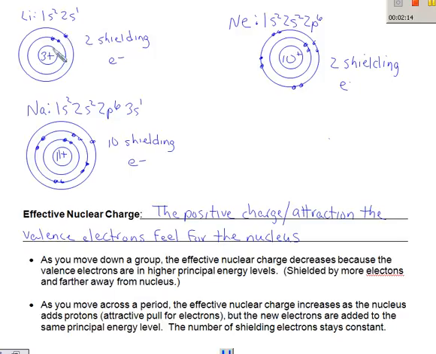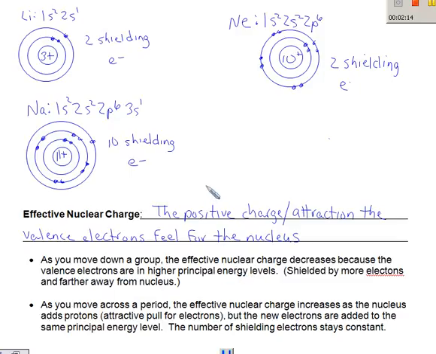It is closer to the nucleus than is this electron, which is in the third principal energy level. And in addition, this electron is shielded by 2 electrons, whereas this electron is shielded by a total of 10 electrons. So, as you move down a group, the effective nuclear charge decreases.